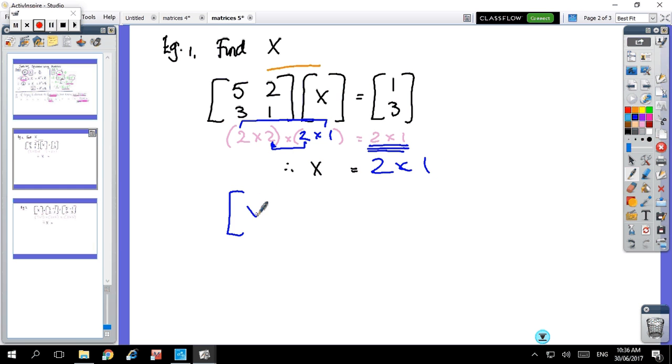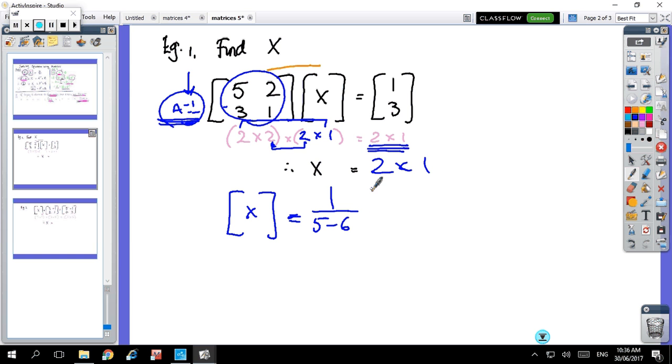For the answer to X, we have to put the inverse there, but we don't actually have to show it because we know that when we put the inverse there, it's going to turn into I. So I don't need to show that. All I'm going to do is put the inverse out the front. So the inverse of this matrix is 1 over 5 minus 6.